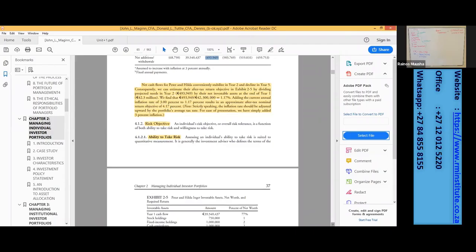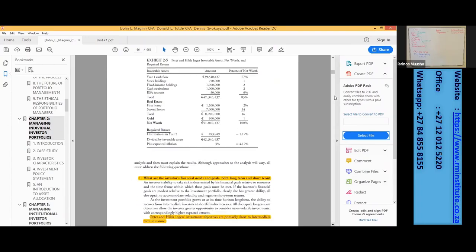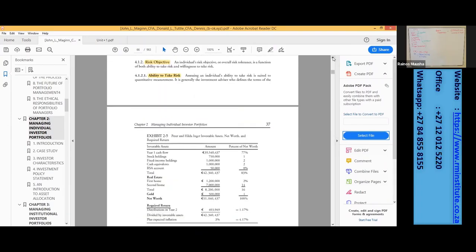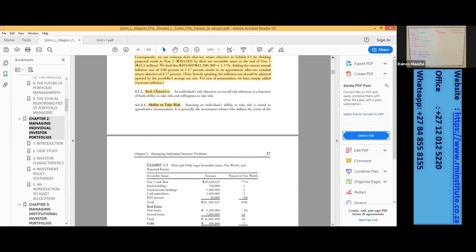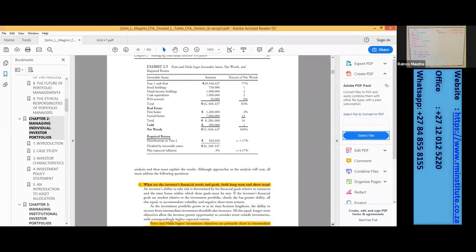So when you look at the risk objective, under ability to take risk, the question that you need to address, if you check on page 37, is: one, what are the investors' financial needs and goals, both long-term and short-term?